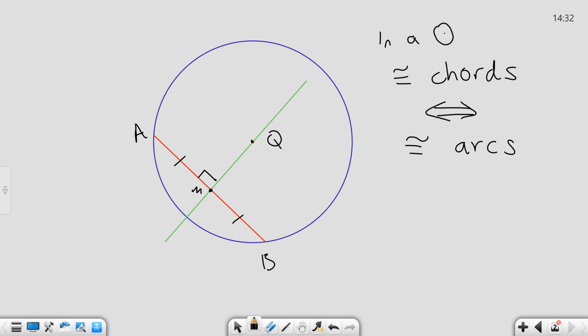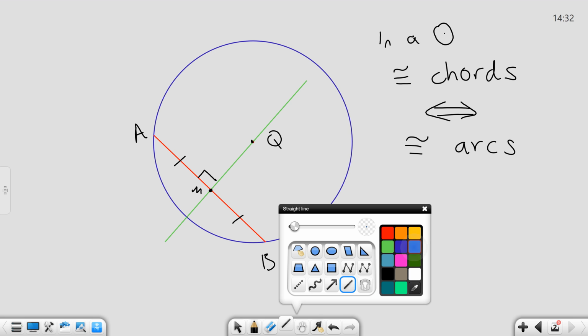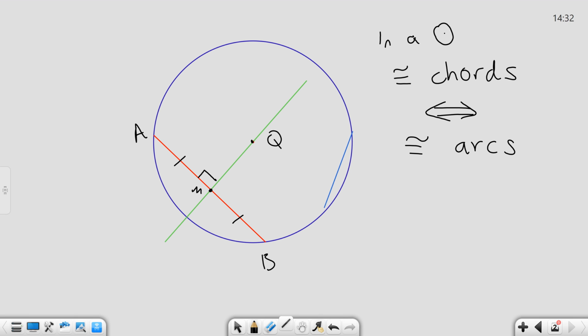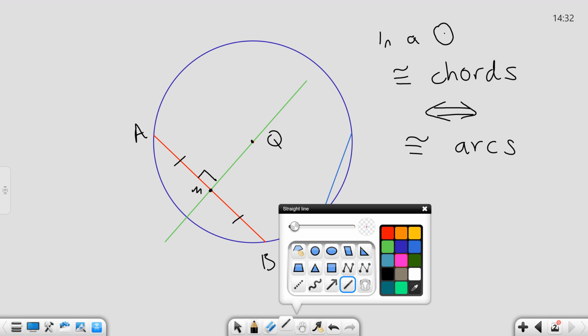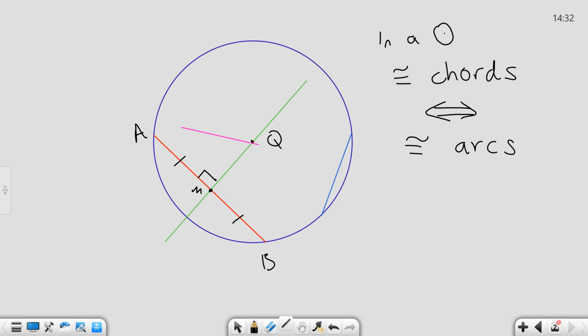No matter what chord I draw in, if I take the perpendicular bisector of it, it's going to pass through the center of the circle. So if I take this little guy over here, and I draw the perpendicular bisector of that segment, it will pass through the center.